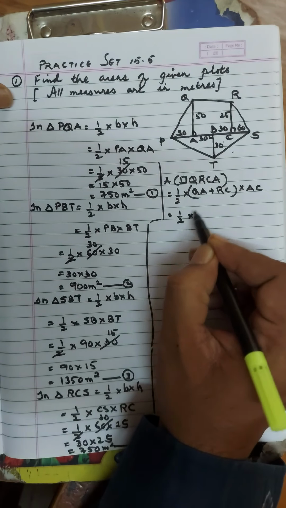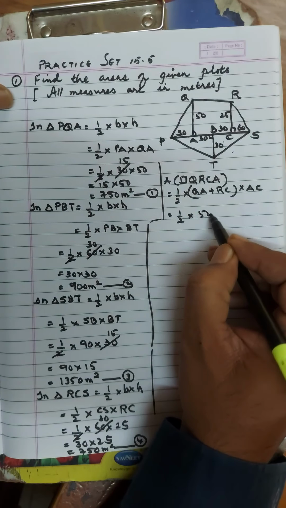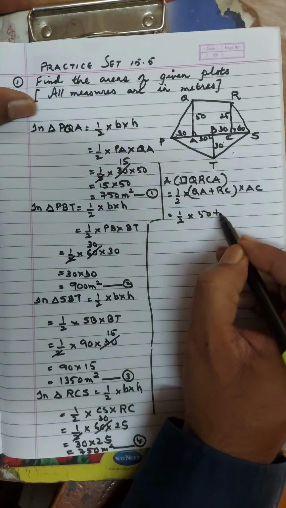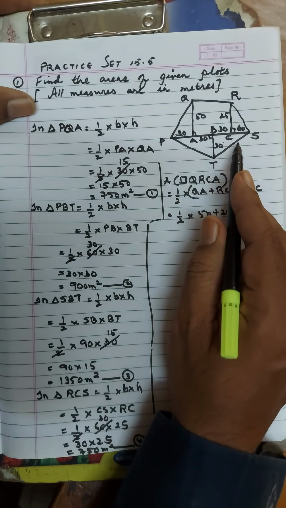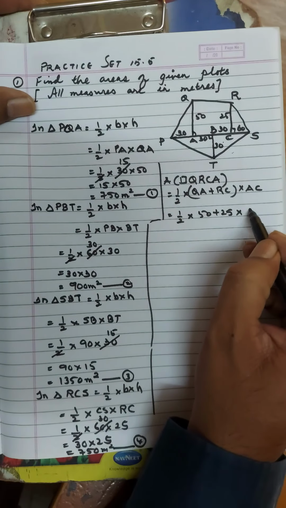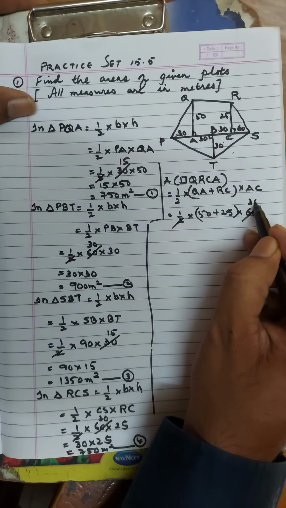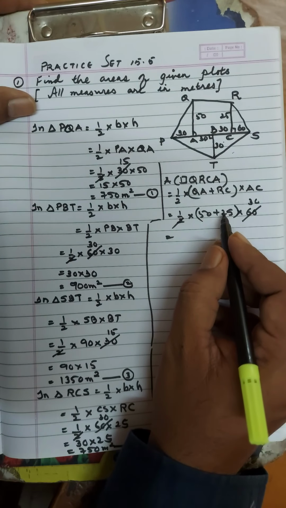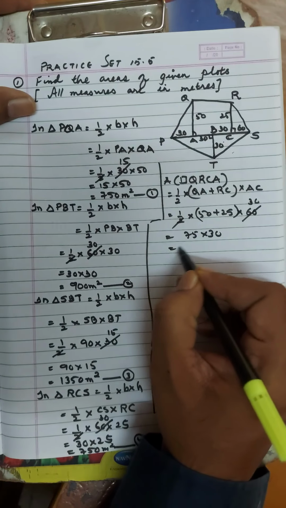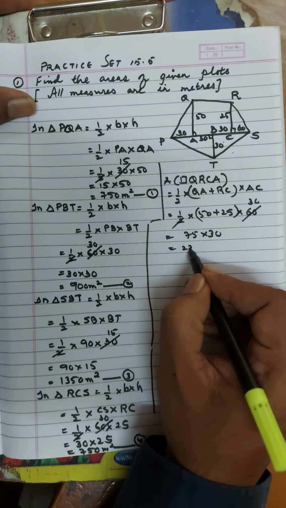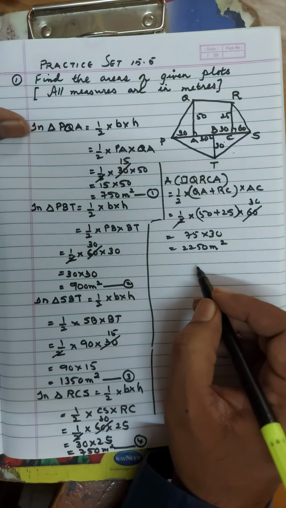So 1/2 into 50 plus 25, then multiplied by AC, which is 30 plus 30, that is 60. So 50 plus 25 is 75 into 30. 75 3s are 225, so 2250 meter square.